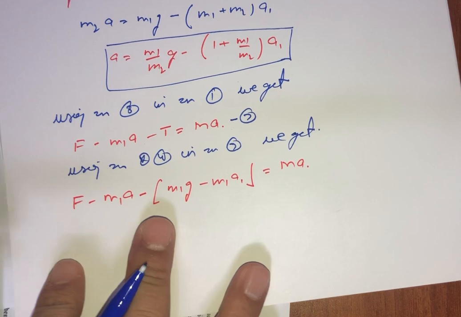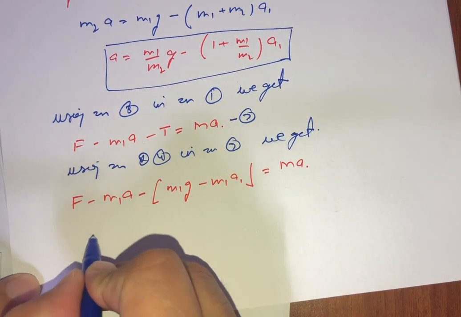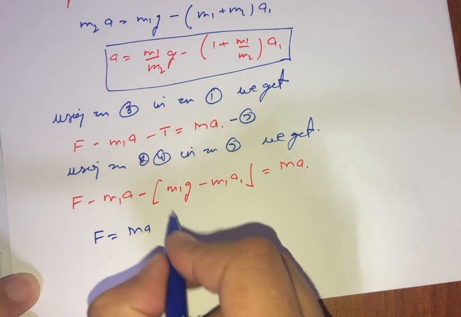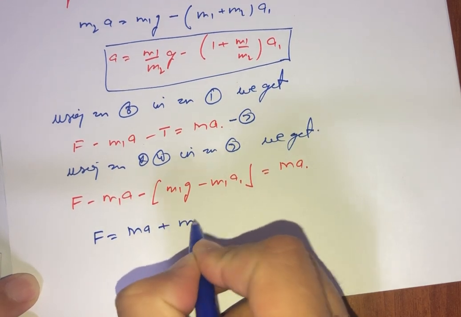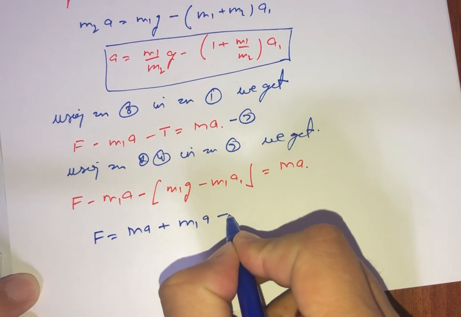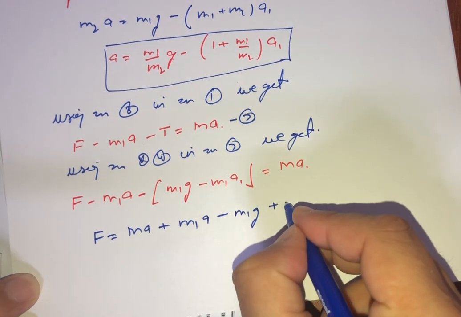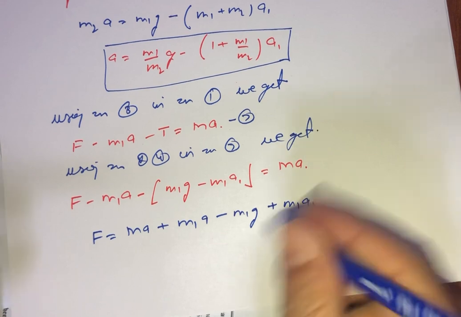Now it is quite simple, we can simply solve it. We get F is equal to Ma plus m1a minus m1g plus m1a1.